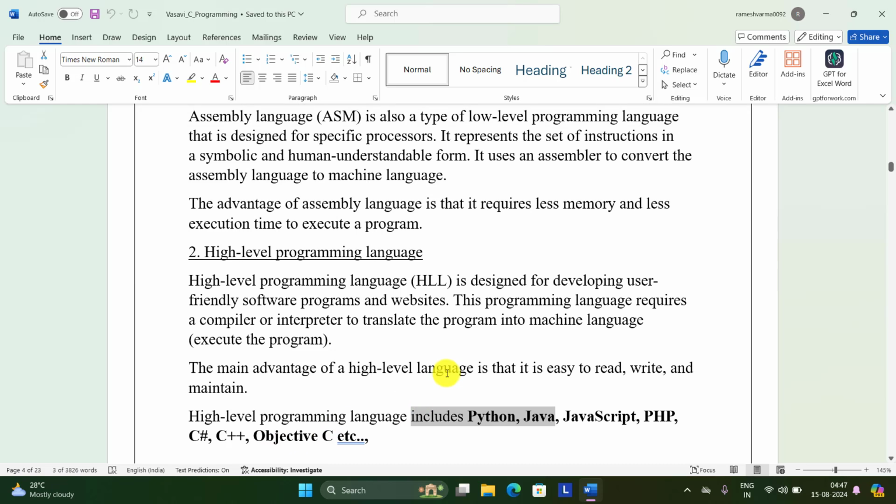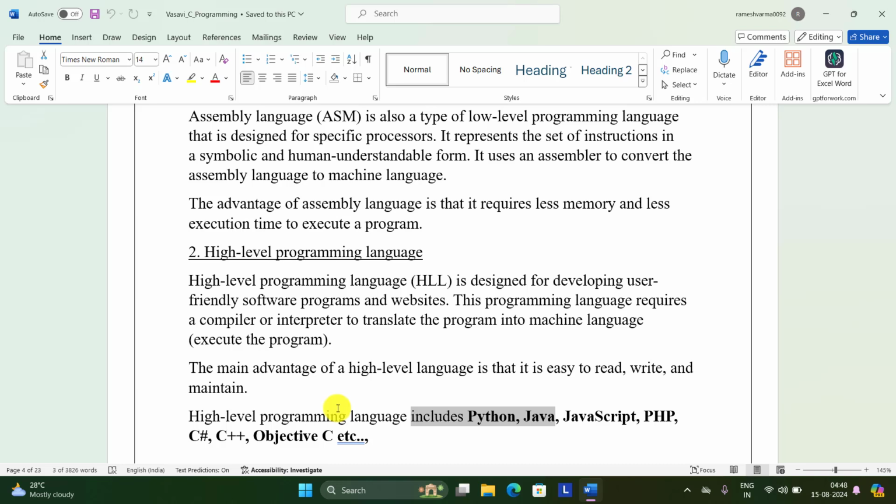So C is a mid-level language. As we can see, as part of introduction to programming, we will learn C programming, right? So C is a high-level language at the first place, but C supports the low-level features also. C supports the low-level features. That means by use of C language, you can control your hardware memory or your memory instructions.